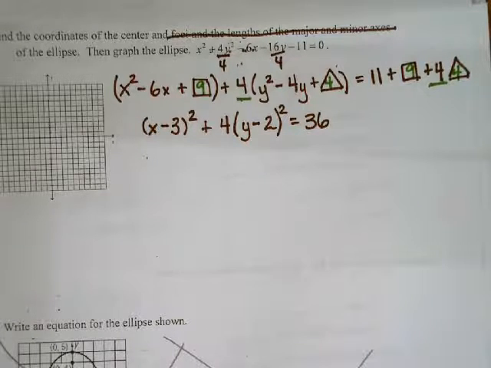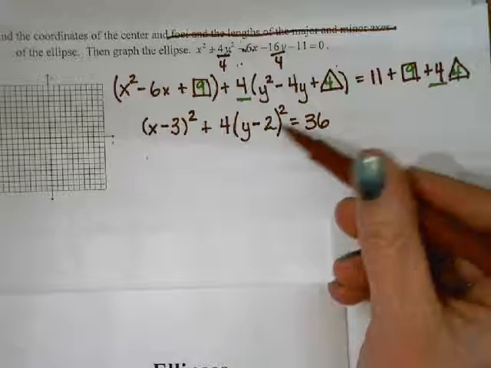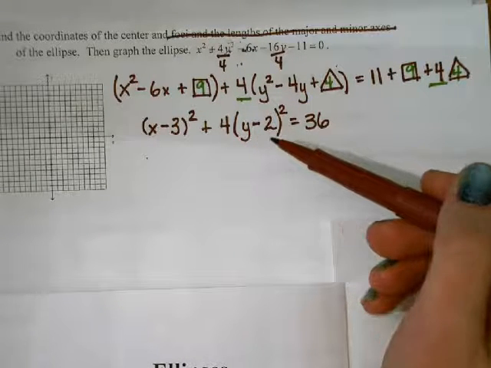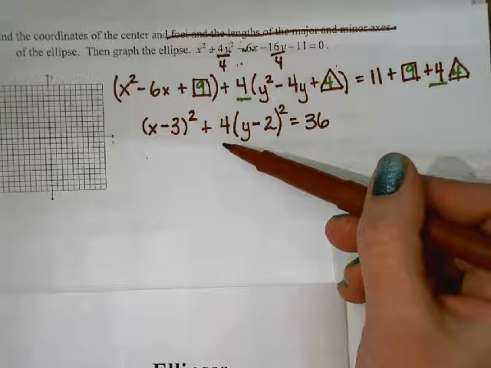Well, it looks close, right? We've gotten it sort of close, but now we have this 4 hanging out front. And that's not quite what we wanted. And it also equals 36. So this guy sort of looks like a circle, but not with this 4 hanging out front.